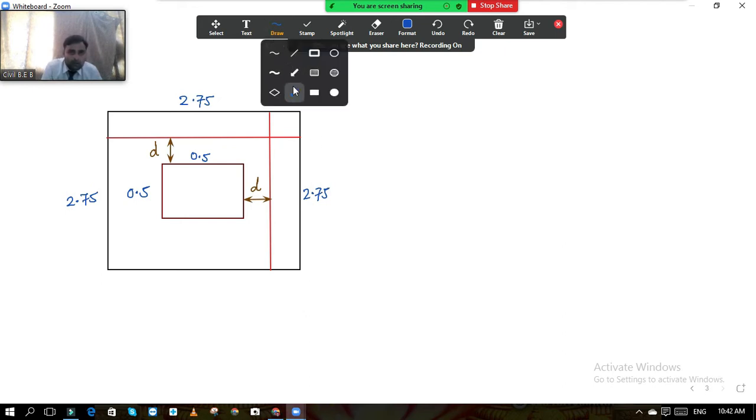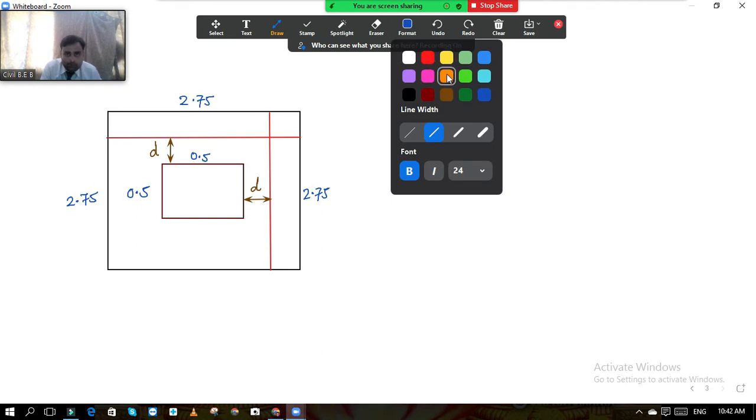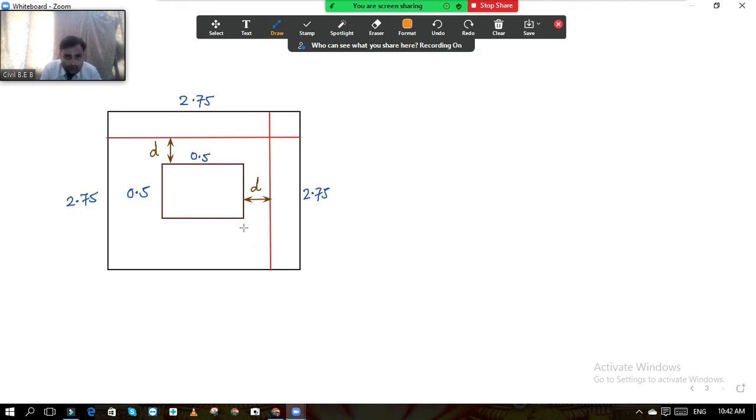But now what will be this distance? Can you tell me? I will show you. Can you calculate this much from the edge of this column to here? What will be this distance? The CG of the column and CG of the footing are coinciding with each other.